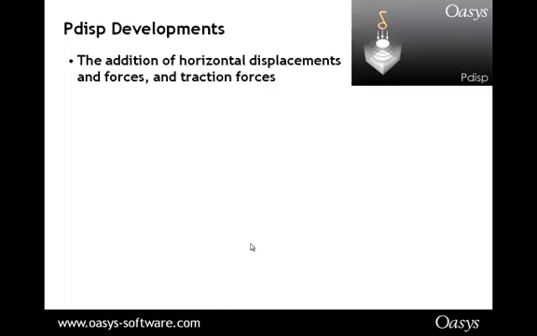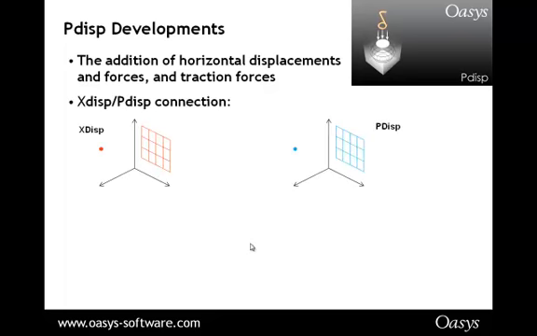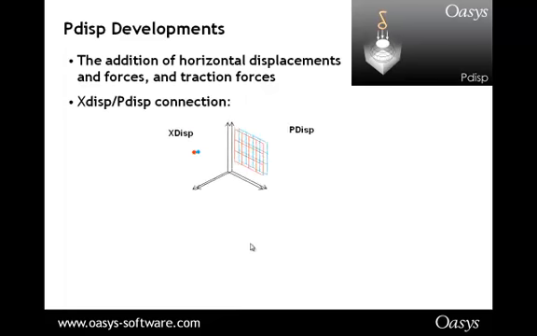The recent developments in Pdisp are the additions of horizontal displacements and forces. The Pdisp Xdisp connection is very important, and this is very good for major projects, in that, for example, if you put a tunnel next to an excavation, but then you knew you were loading with an embankment close by, you can combine the results of the two programs to get displacements from an overall 3D problem, which would be very time-consuming and difficult to model in FE.